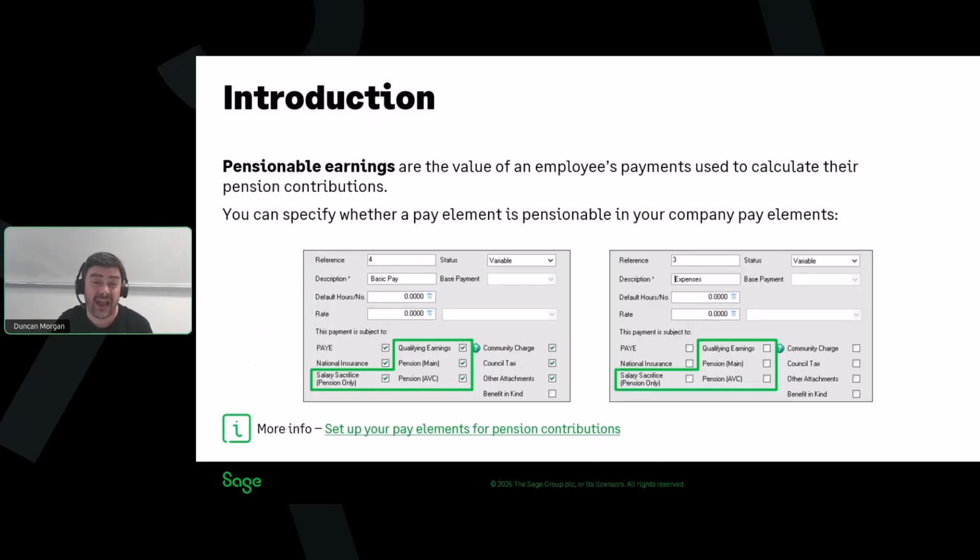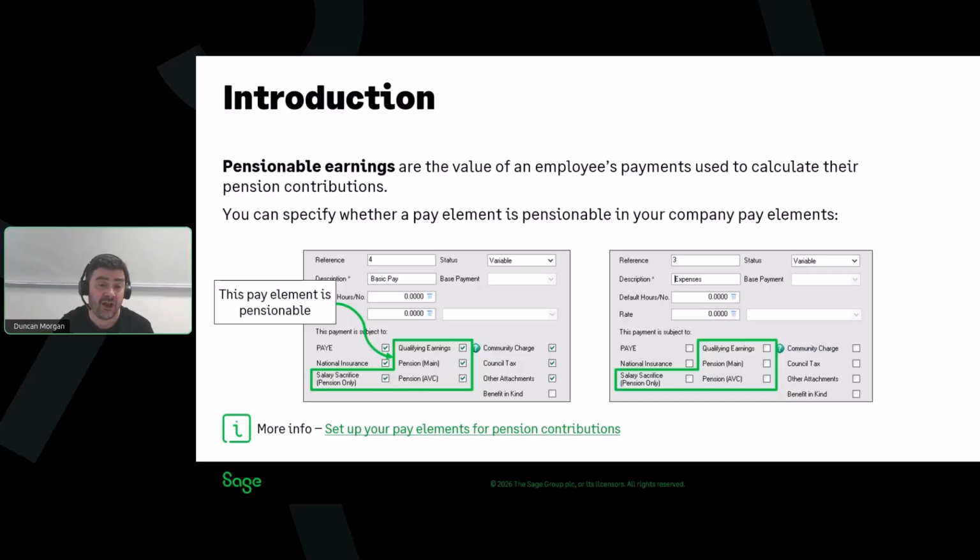So talking about pensionable earnings, the way that Sage 50 Payroll determines what payment is pensionable is all down to the pay element settings. So you can specify which pay elements are pensionable in the company pay elements and which are not. So a couple of examples on the slide there shows a basic payment that is fully pensionable.